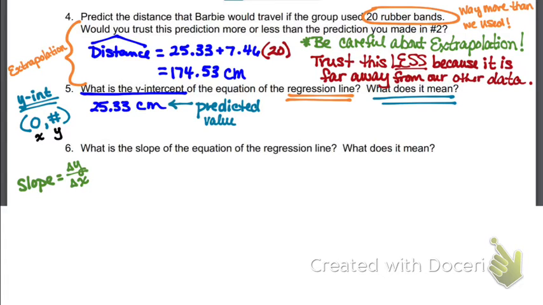Here, let me write this out here. 25.33 centimeters is the predicted what? Predicted value at 0, but what are we measuring? What is this? Yes, is the predicted distance traveled when 0 rubber bands are used for the bungee cord.